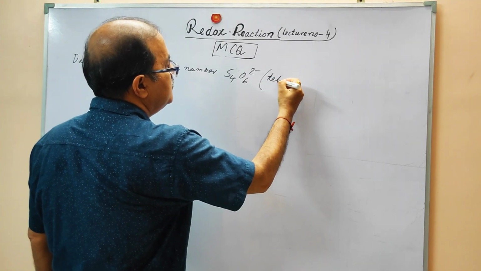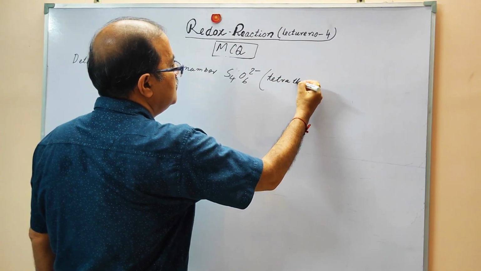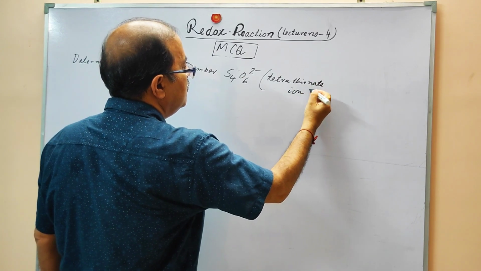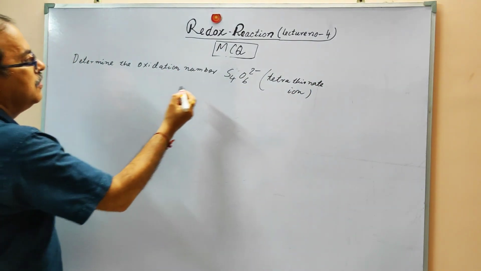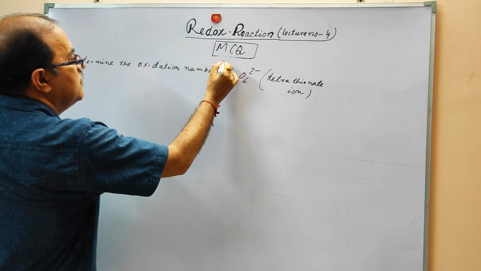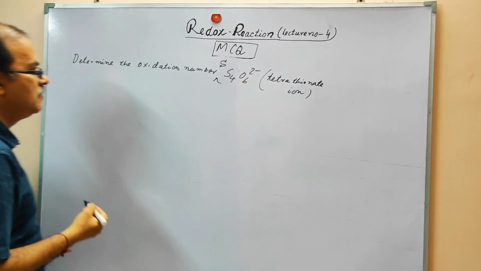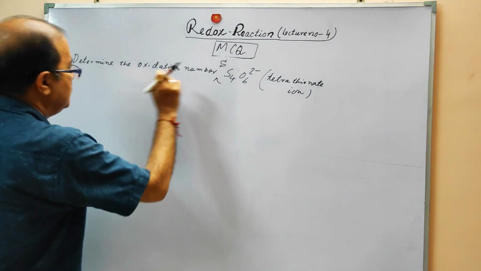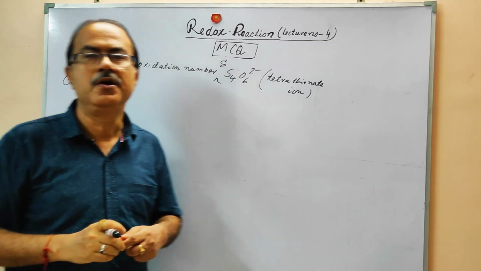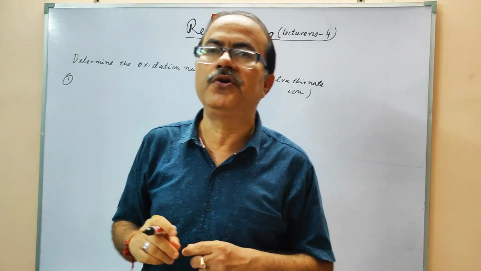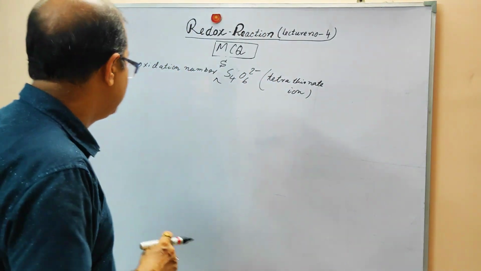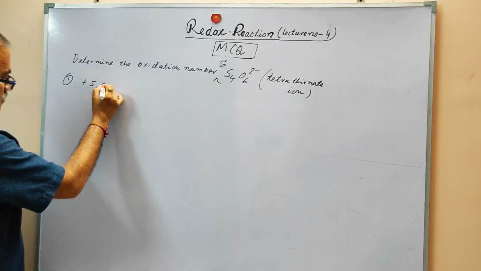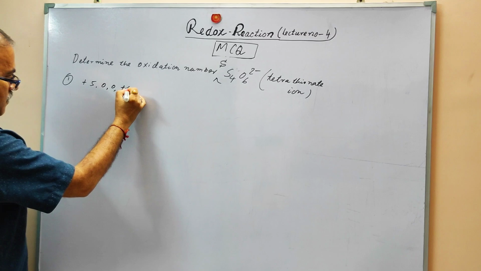Tetrathionate ion. Find the oxidation number of sulfur. The choices are given from left to right because there are 4 sulfur atoms, and we have to determine whether all 4 sulfurs have the same or different oxidation numbers. One choice is plus 5, 0, 0, plus 5.